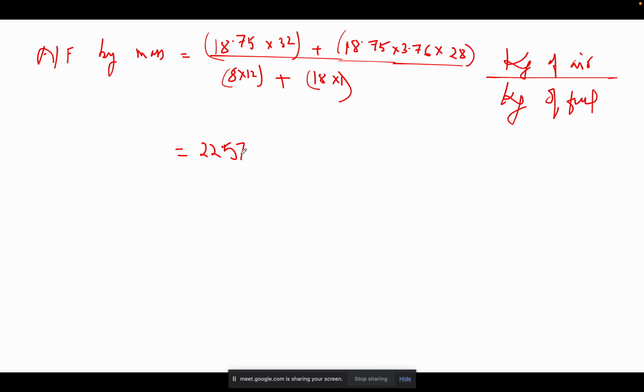So this is 22.57 kg of air by kg of fuel. Okay.